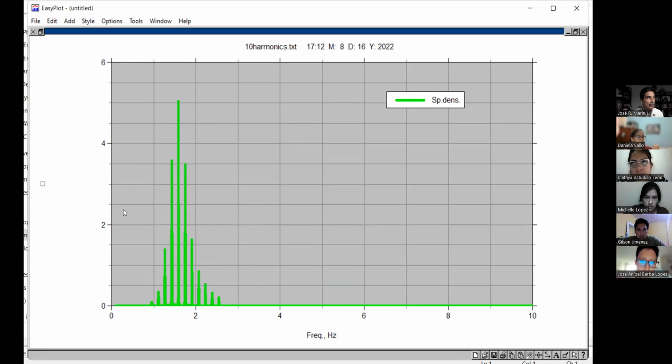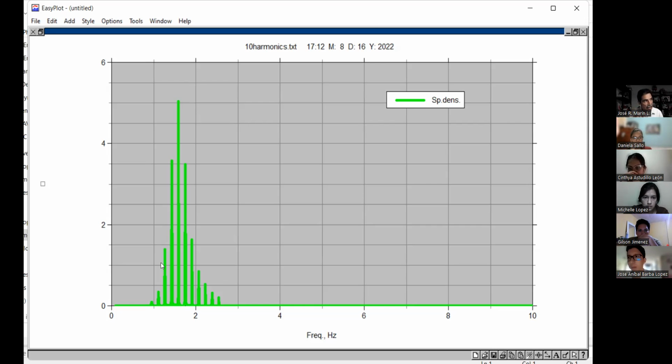This is what you need. So if you fit the elevation, zeta, it will give you the spectral density of the elevation. If you run and you fit as a signal the roll angle, it will give you the spectral density of the roll angle response.